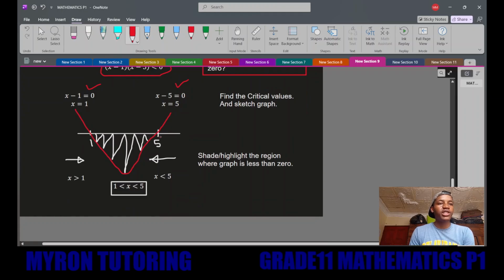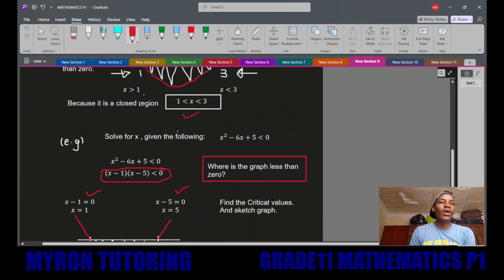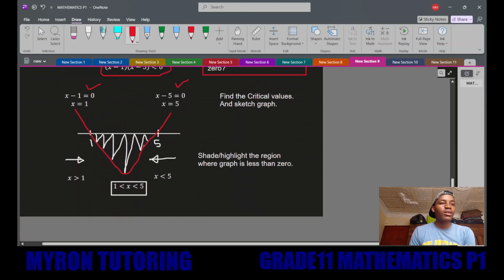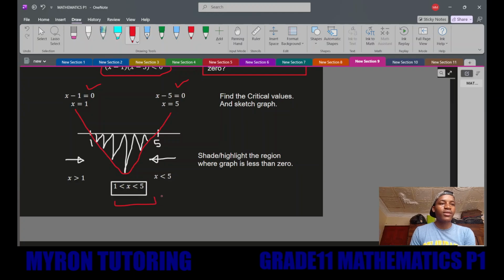We sketch them. The question says, where is it what? Less than 0. Less than 0 is this whole region. So we put 1 is less than x is less than 5. The shaded region is where the graph is less than 0.